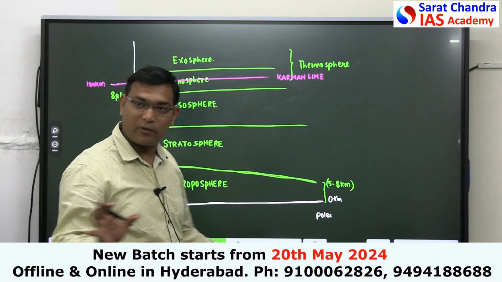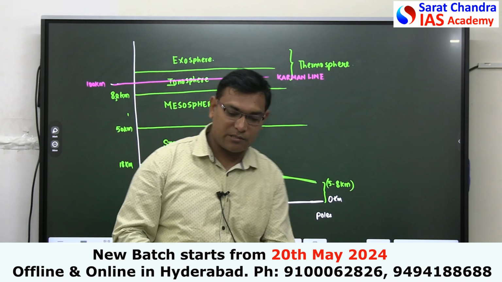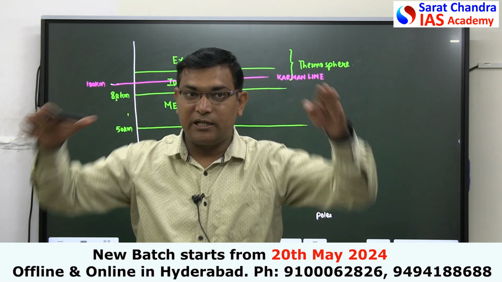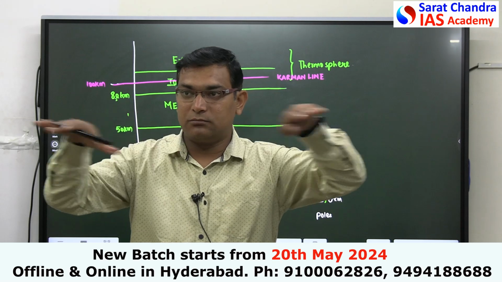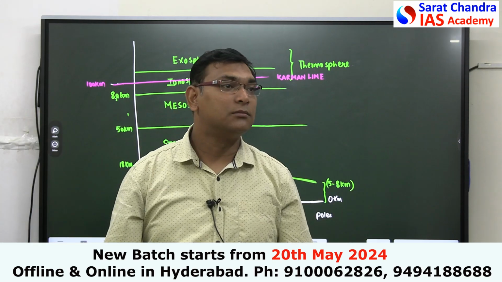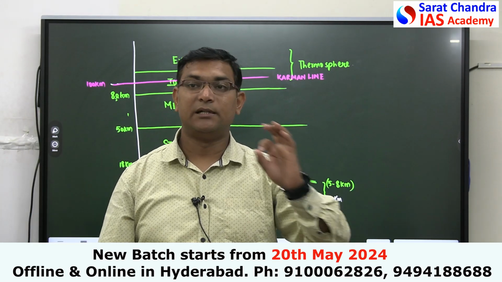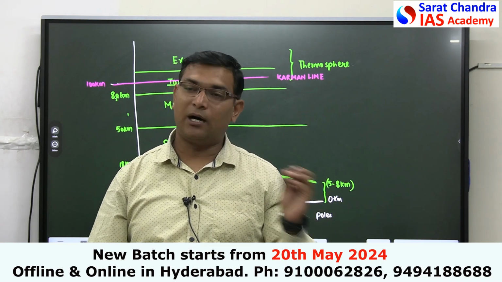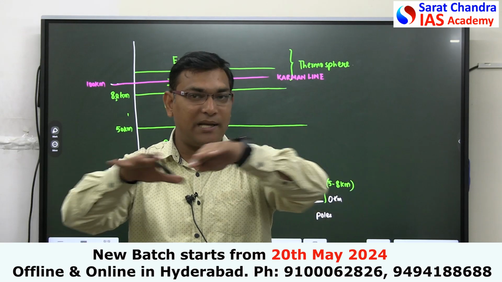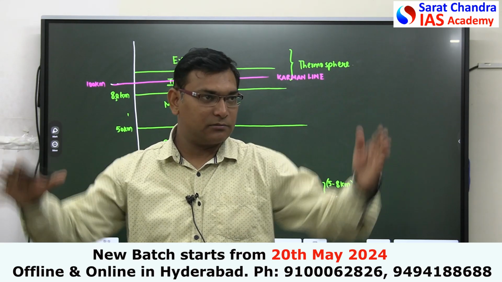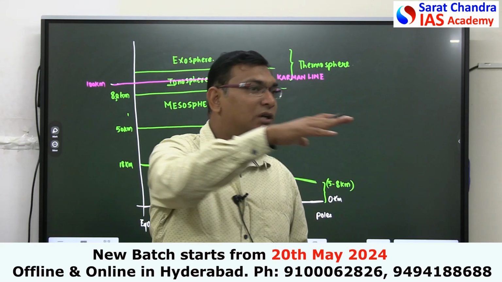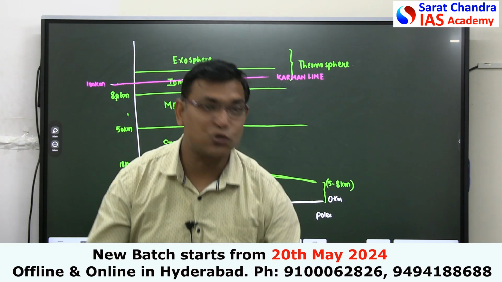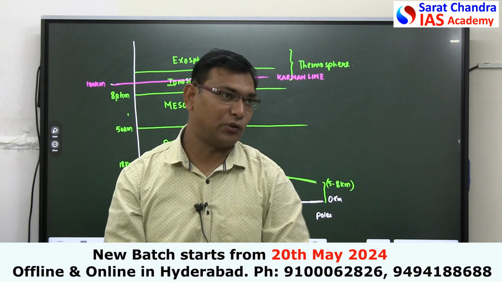Understood? For example, this is my country. From here to here, up to 100 kilometers, it is my aerospace zone. Not satellites. Aeroplanes, helicopters, or other aircraft can be placed here. Aerospace sovereignty will be claimed by that country only.